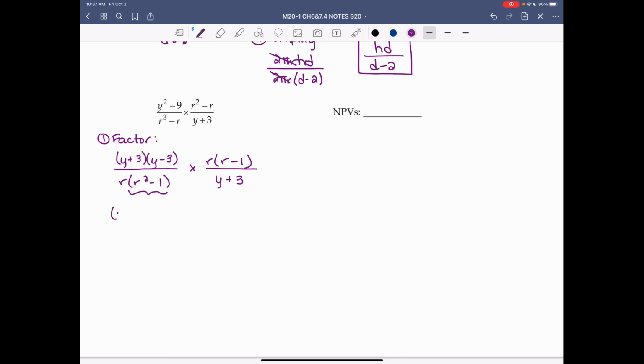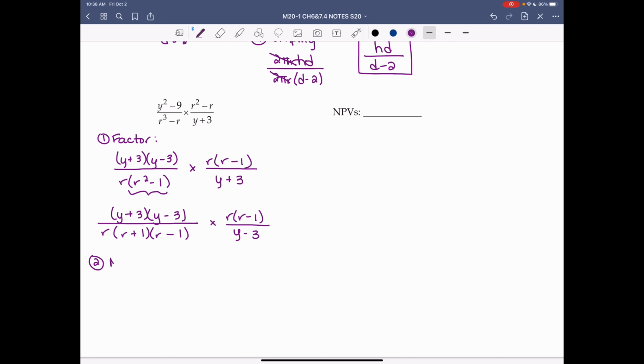So fully factored, y plus 3, y minus 3 divided by r times the difference of squares. So first term is r in both factors. Second term is 1 in both factors, 1 plus and 1 minus. And then our second fraction is r times r minus 1 over y plus 3.